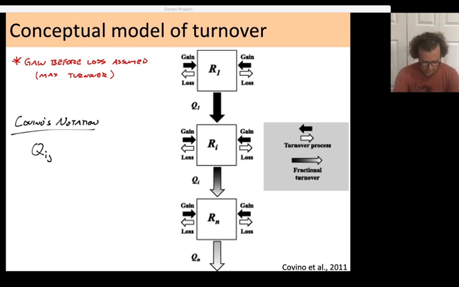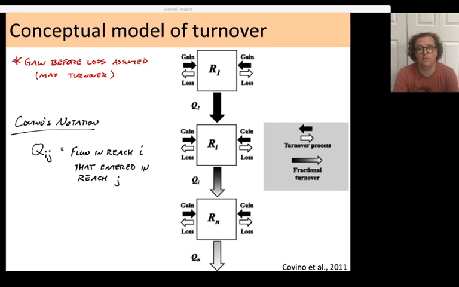As you read through that publication, you'll notice that they use the notation Qij to represent the volumetric flow rate Q in reach i that entered from reach j. So you're going to end up with a large matrix of discharges, where you're tracking not just how much water is there, but how much water is there from every segment in the system.